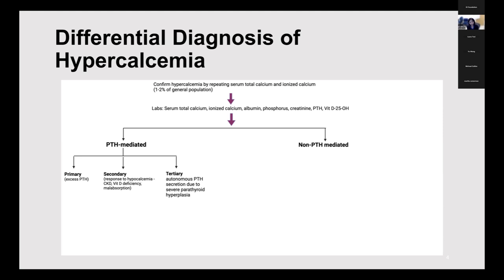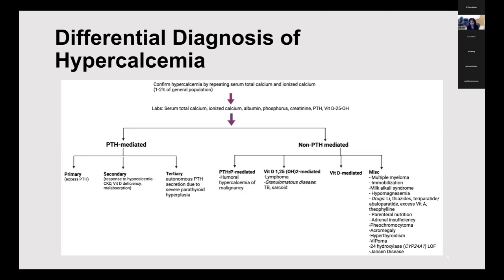And in terms of PTH mediated disorders, we categorize them as a primary parathyroid problem or a secondary hyperparathyroidism, which is in response to hypocalcemia, which could be because of chronic kidney disease, vitamin D deficiency, or malabsorption, and tertiary hyperparathyroidism, where there is autonomous PTH secretion due to severe parathyroid hyperplasia.